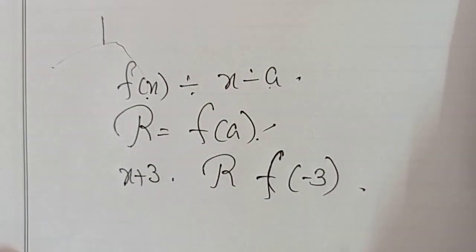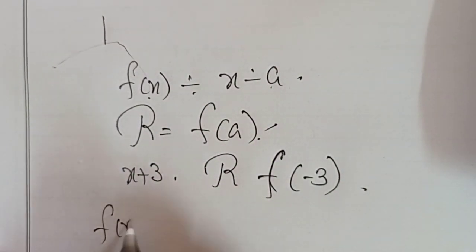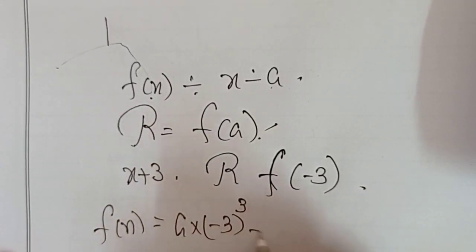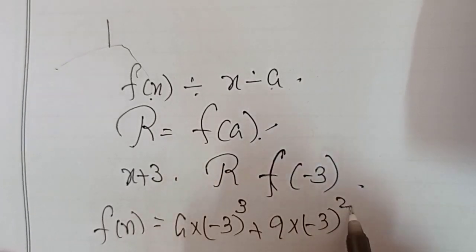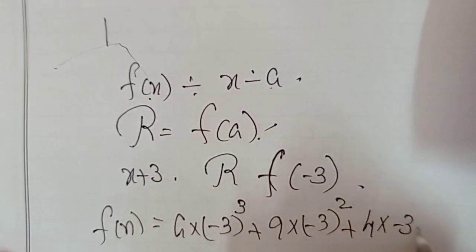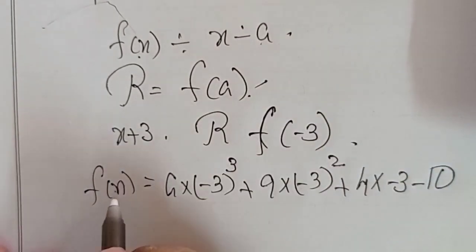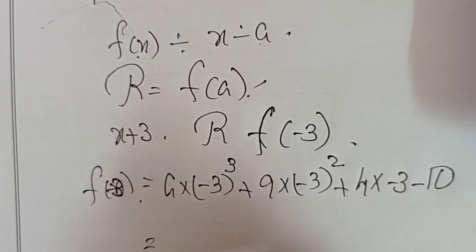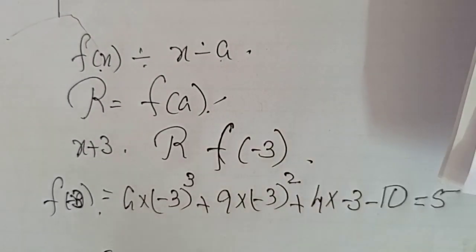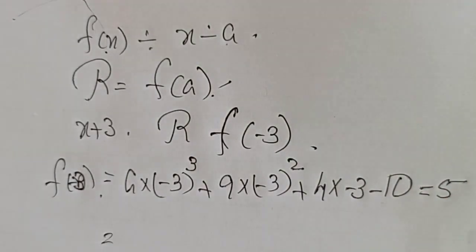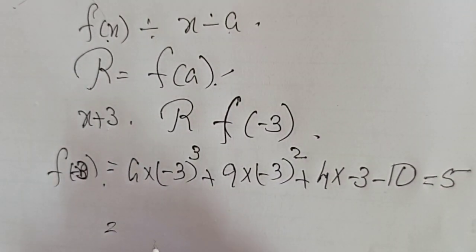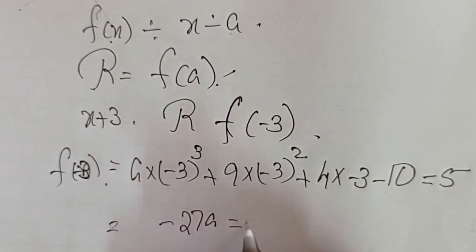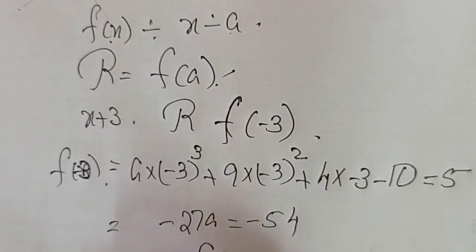F of minus 3. That is f(x) is equal to a into minus 3 the whole cube, plus 9 into minus 3 the whole square plus 4 into minus 3 minus 10. Therefore, that is equal to 5, as given in the question. After solving, you will get minus 27a equal to minus 54, a equal to 2.